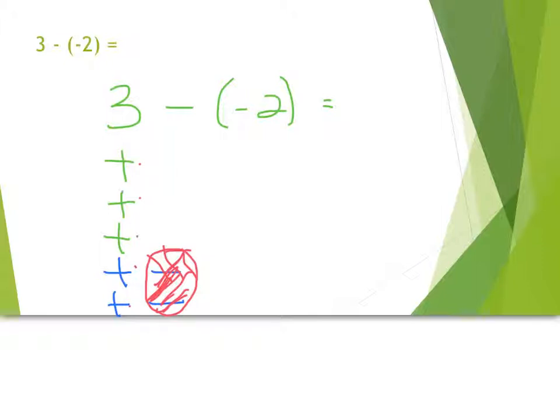We're left with positive 5 counters, and that's our answer. To check this with the algorithm, we know that our algorithm for subtraction is adding the opposite. We change our subtraction sign to addition, and the second integer we change to its opposite. The opposite of negative 2 is positive 2. To check our model, we're left with 3 plus a positive 2, which gives us 5.